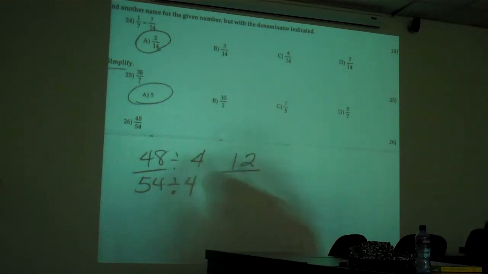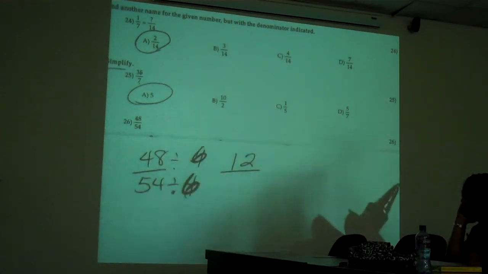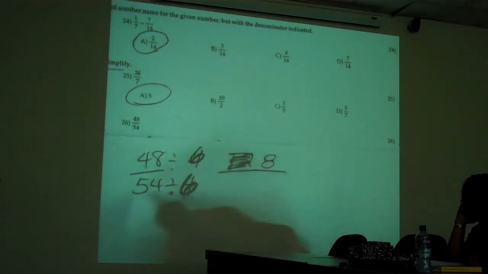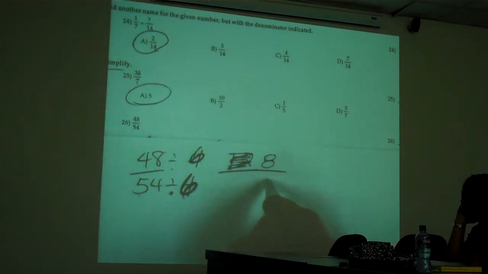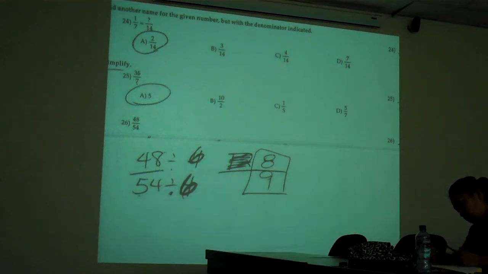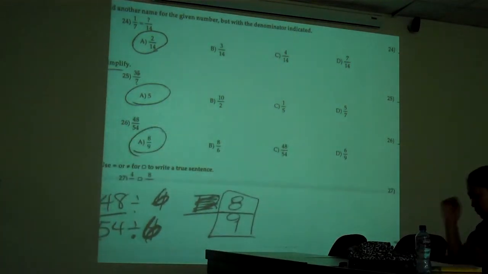No, I messed up. Let's do 6, because 6 goes into 48 8 times, and then 6 goes into 54 9 times. Yeah, that'll work. 48 divided by 6 is 8. 54 divided by 6 is 9. 8 ninths. So that's as far as you can go.